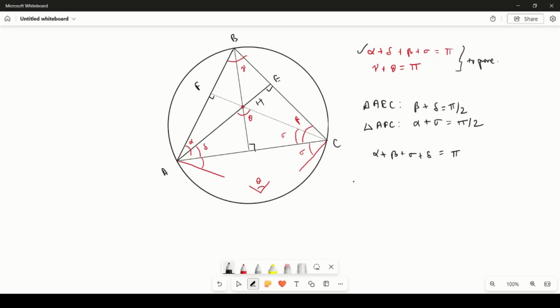So since A, B, C, and H make... shouldn't actually say H. Let's call this H prime, the one that's fallen over onto the circumcircle. H prime make a cyclic quadrilateral. It must be that the orthocenter's reflection is lying on the circumcircle.